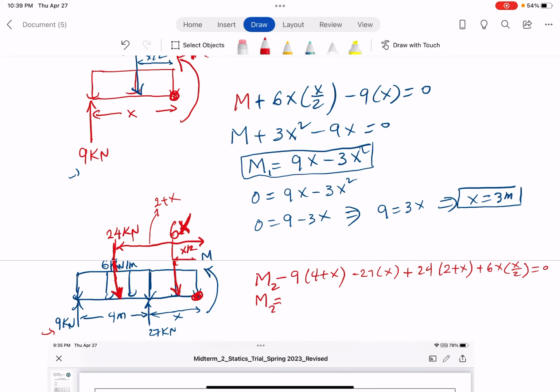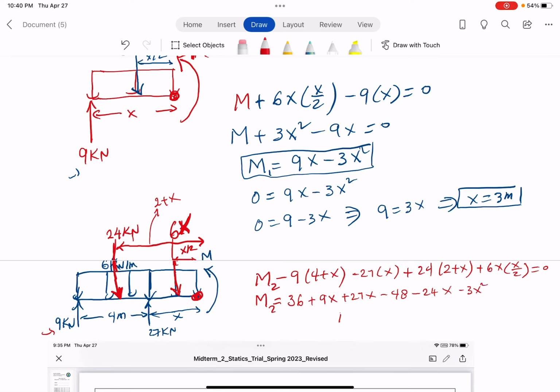Let's open up everything. 36 plus 9x, I took the minus 9 to the other side, so it's plus 9x. Of course, the 27, I took it to the other side. And this is minus 48 minus 24x minus 3x squared.